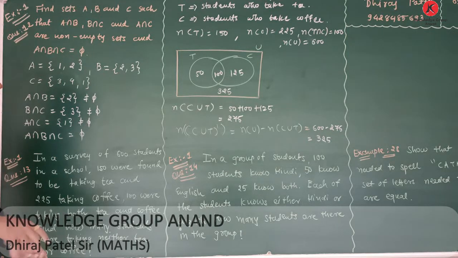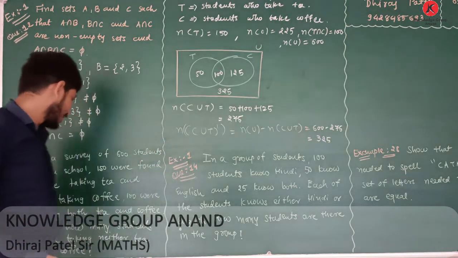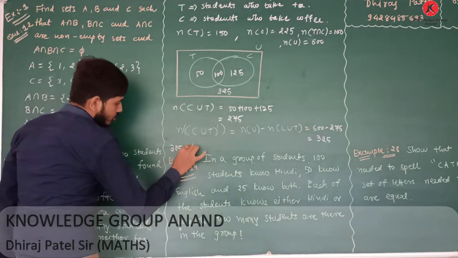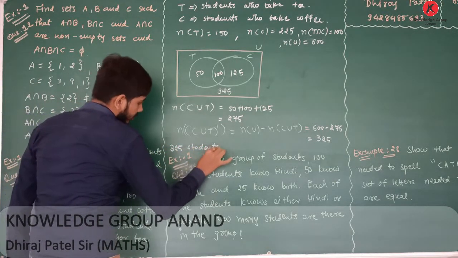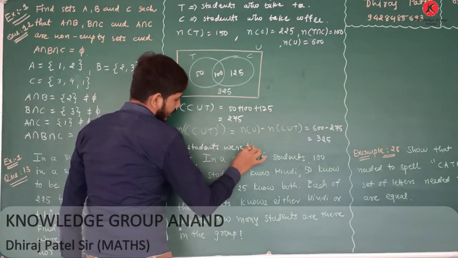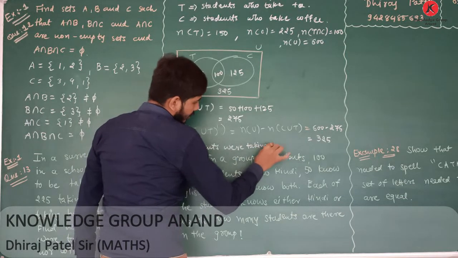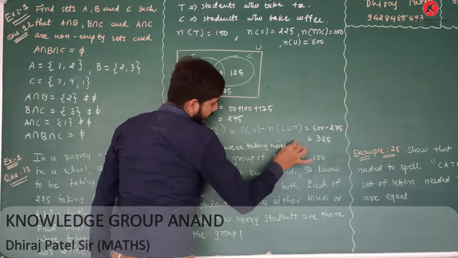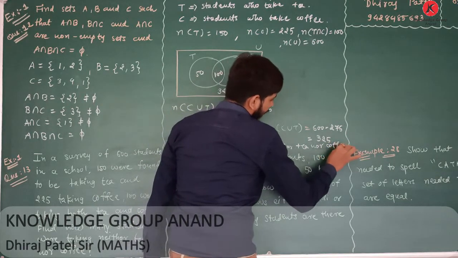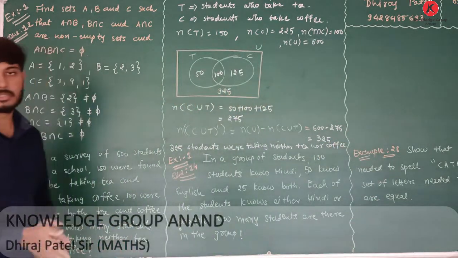Okay, clear? You have to write the answer in the form of a statement. How many will you write? 325 students were taking neither tea nor coffee. Okay, this is your final answer in form of statement. Clear?